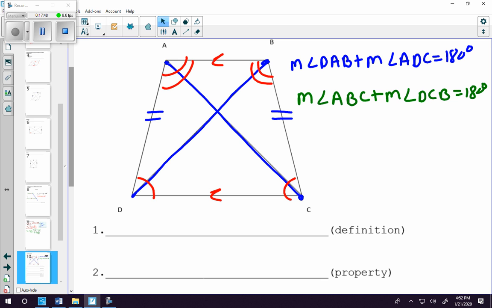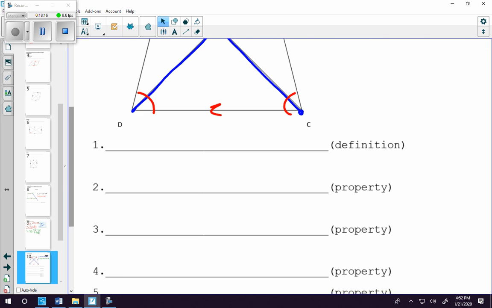Let's review to see what we got and how many blanks we have filled in. By definition, the first blank, number 1: an isosceles trapezoid is a trapezoid that has one pair of opposite sides parallel and one pair of opposite sides congruent. That's the definition. And blank number 2, one of the properties should be that the diagonals are congruent. This may not be in the same order that we stated them the first time, so just check to make sure that you have these properties.